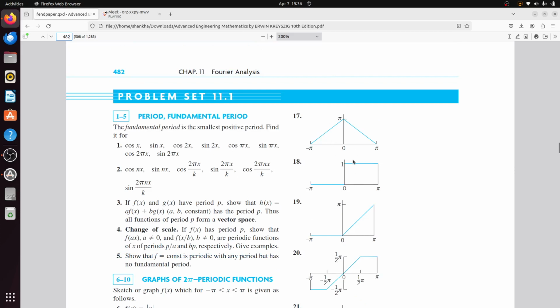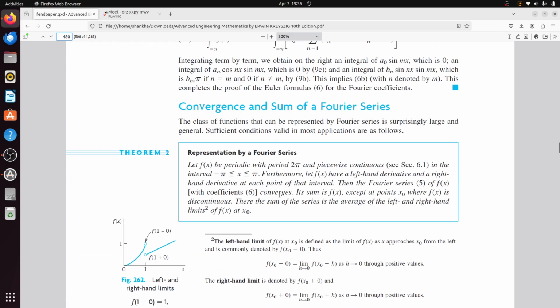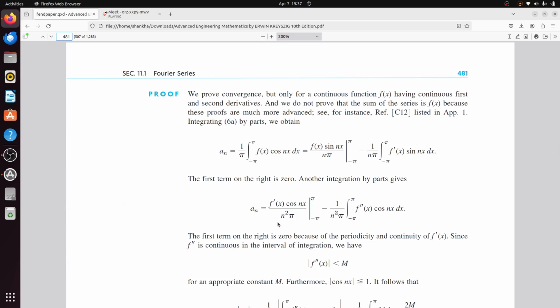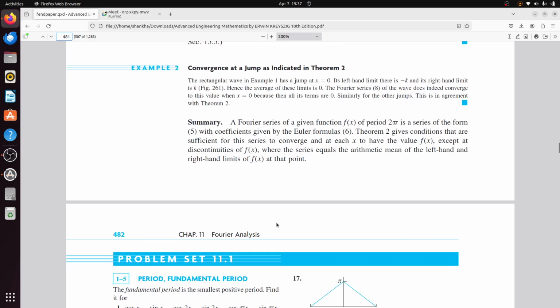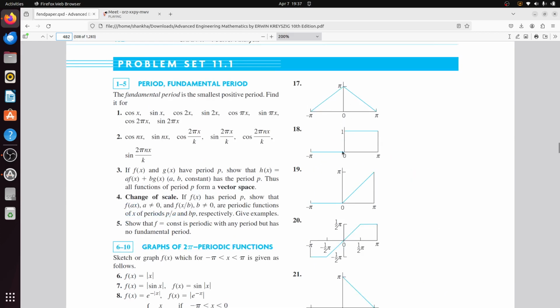Can you tell me what is the actual expression of this function? Can you tell me what is the expression of this function?